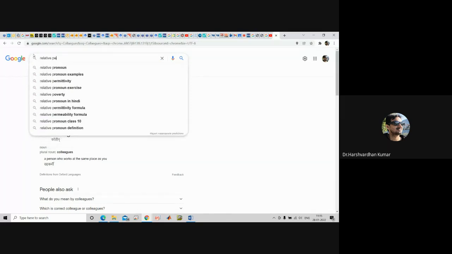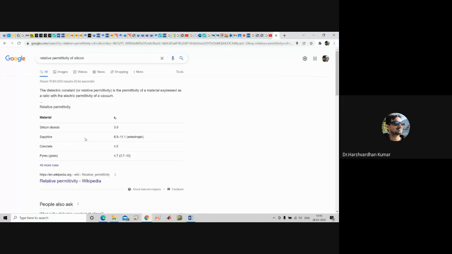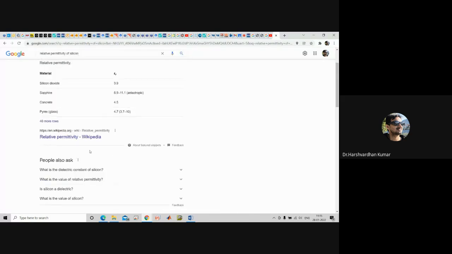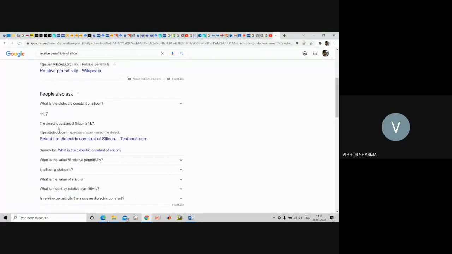Relative permittivity of silicon. It is 3.9. Silicon dioxide, sapphire. I think it's no, 11.7. 11.7. Okay.